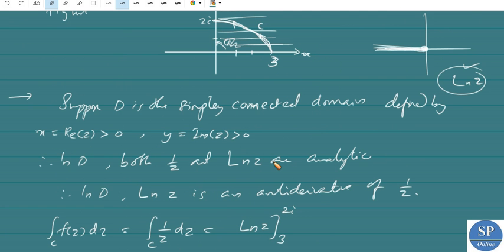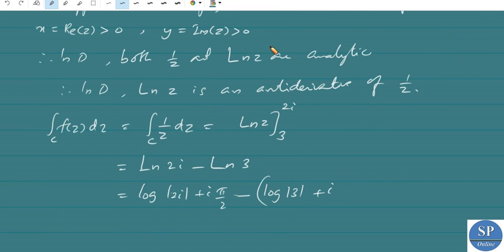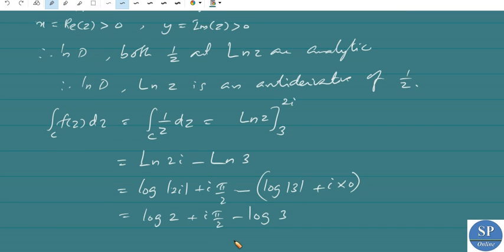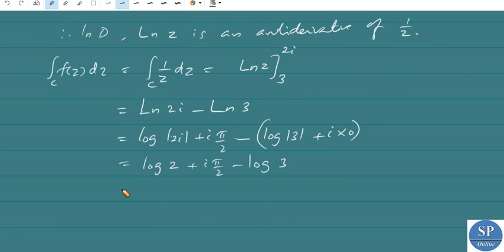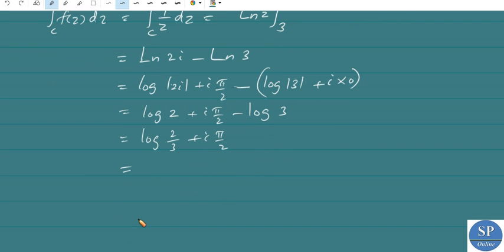The argument of 3 is 0 here, so this is i into 0. So this is nothing but log 2 plus i pi by 2 minus log 3. So log 2 minus log 3 is log of 2 by 3, plus i into pi by 2. Finding this value, we have minus 0.4055 plus 1.5708 i.